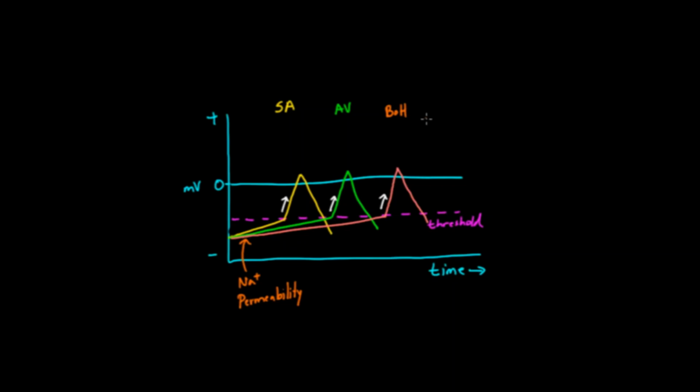Lastly, there we see the bundle of His, denoted as BH. For the bundle of His, the sodium permeability is very, very low, which is good because the timing then slows down.